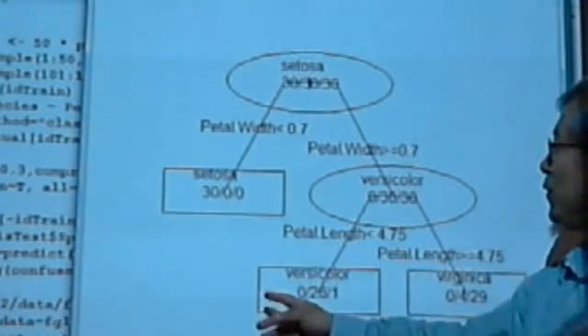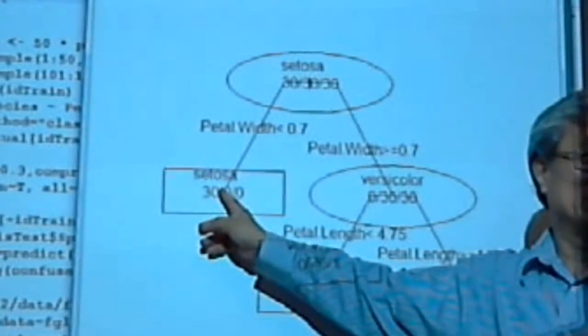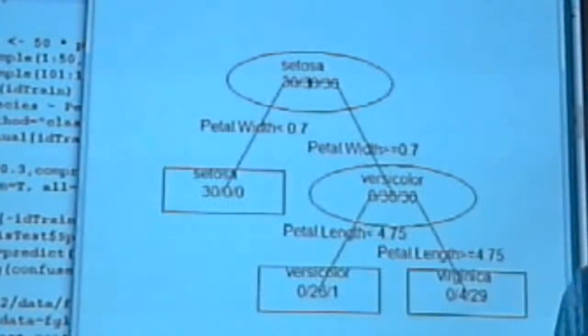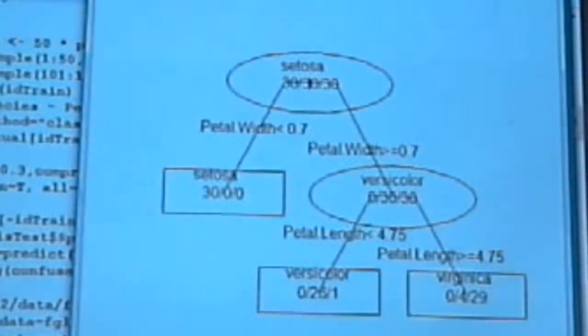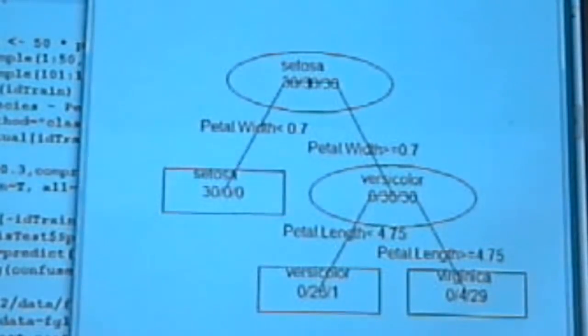This is the tree model for the train set. Overall, we still have no trouble with Setosa, and these two measurements would be enough to separate Setosa from the other two classes. I still see some misclassified observations: there's one misclassified here, and then here 4 of them. That's how we get the result.